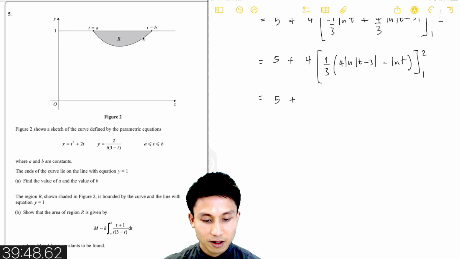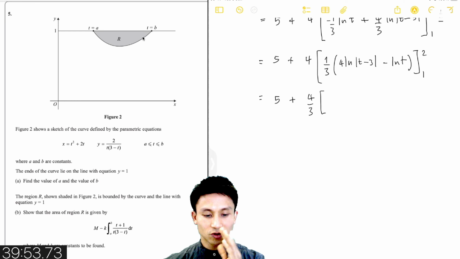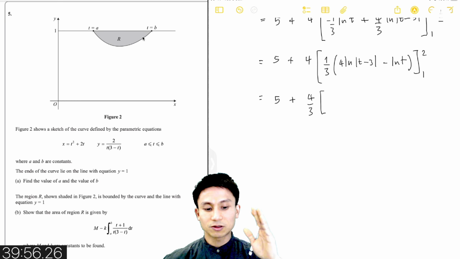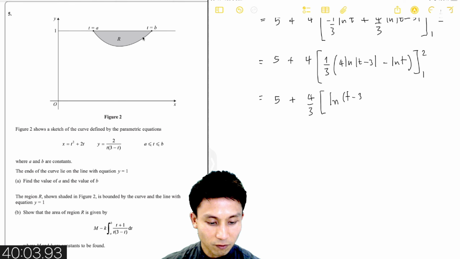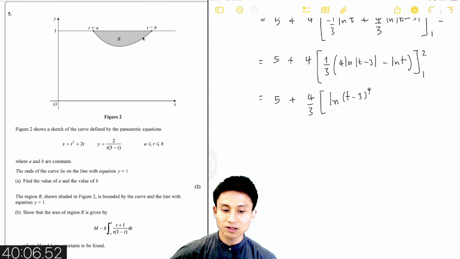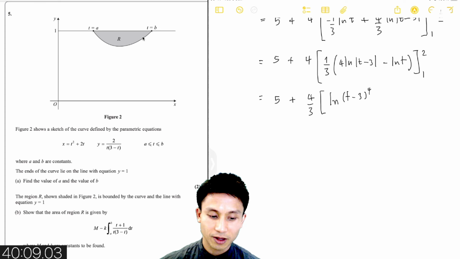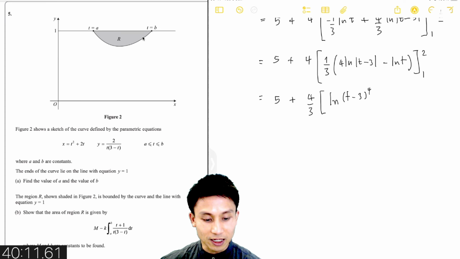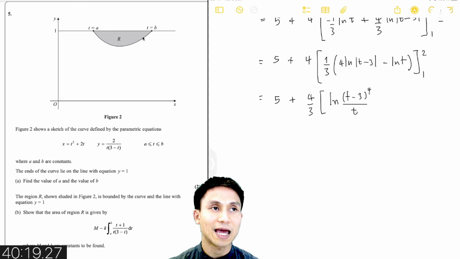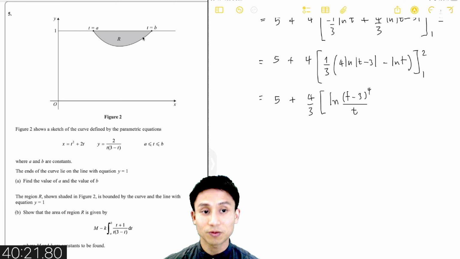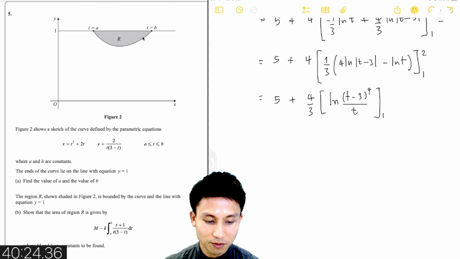Then I would bring 1/3 out there. So inside here, you would have ln of t minus 3 to the 4. You can cancel out the modulus because anything to the power of 4 would be a positive number. But because you minus ln t, using another log property, you can just merge the ln. So basically log a minus log b gives you log a over b. And then we sub the bounds later here.